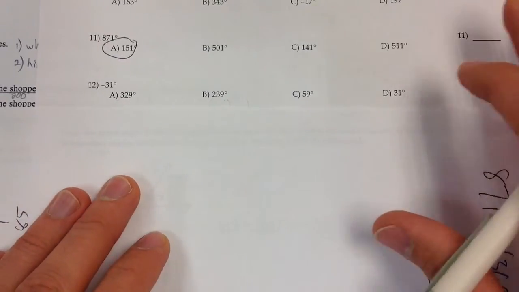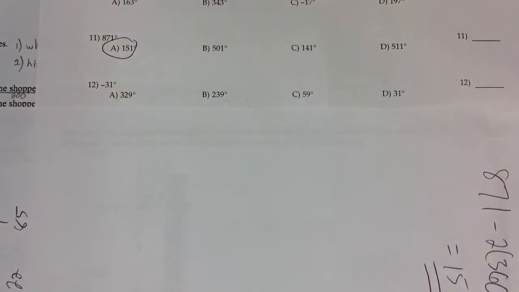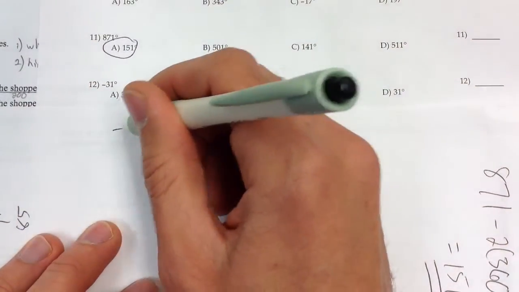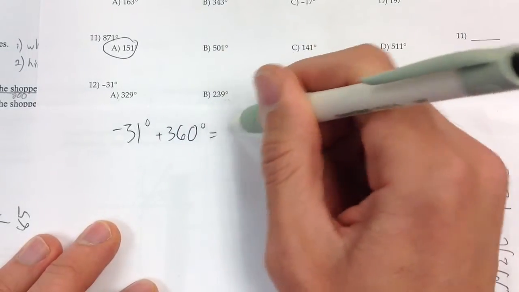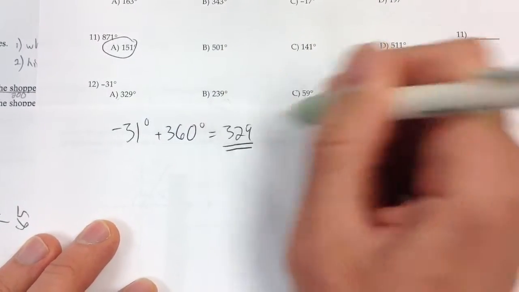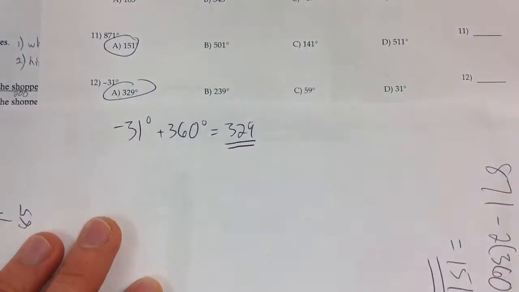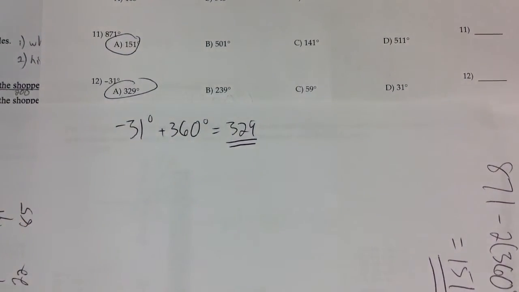Are you able to come up with a coterminal? Negative 31 plus 360. It's that easy. Okay, so then for these, you're adding or subtracting multiples of 360 until you get to an answer that's between 0 and 360.